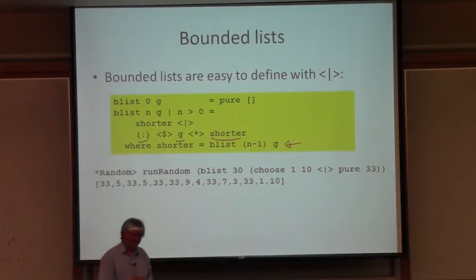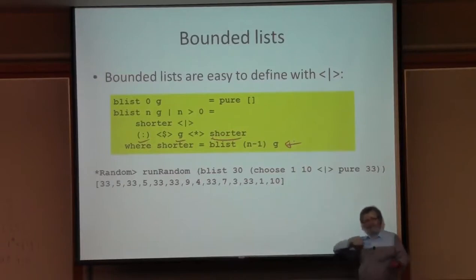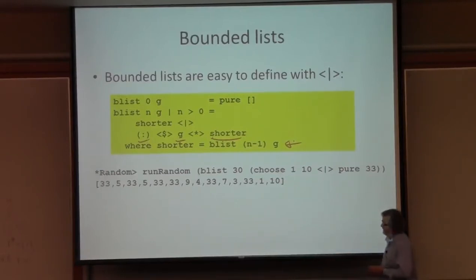There are a lot of 33s, aren't there? Well, of course, because my choice operator chooses randomly between the two alternatives with a 50% probability of choosing each. So, of course, we'd expect half of the elements of this list to be 33.